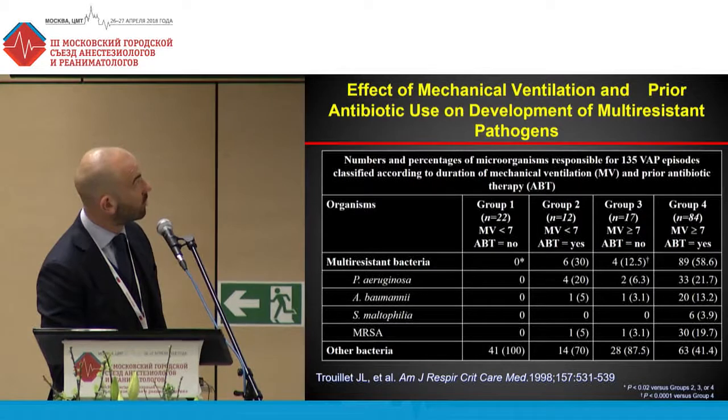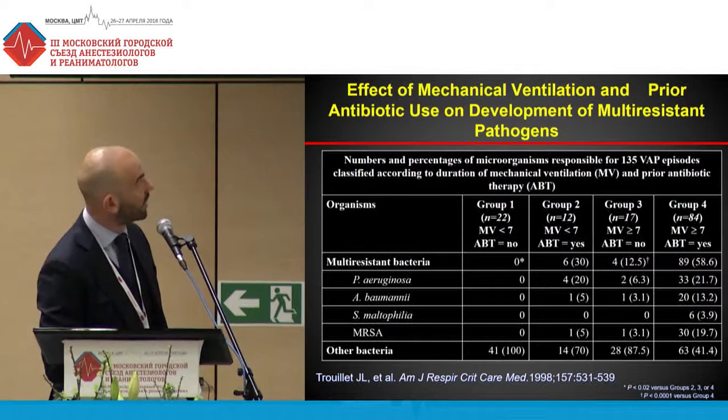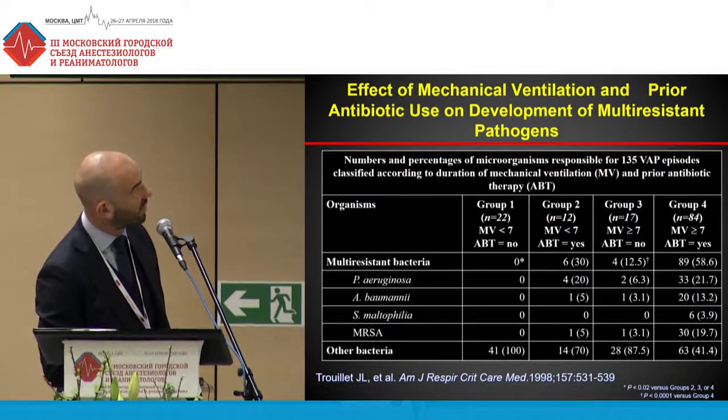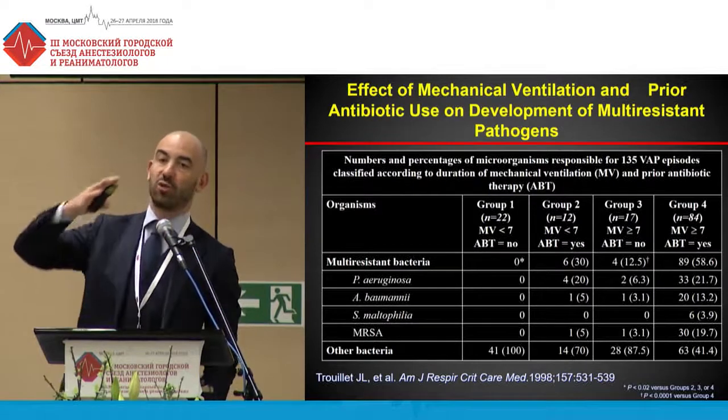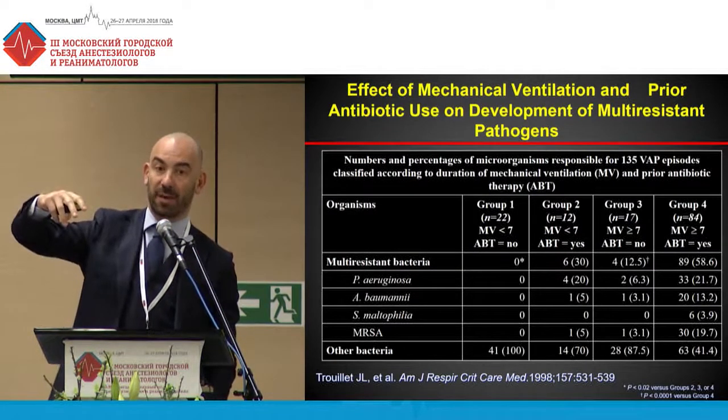Group 1, patients with very low exposure to mechanical ventilation and no exposure to antibiotics. Group 2, patients with antibiotics and less than 7 days of mechanical ventilation. Group 3, patients with more than 7 days of mechanical ventilation. And group 4, patients with long mechanical ventilation and exposure to antimicrobials.